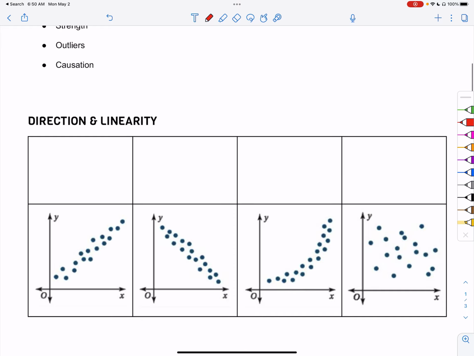Direction means that we want to figure out whether our data is trending in a positive direction or a negative direction. The first scatter plot here, our direction will be a positive linear relationship, or positive linear correlation.